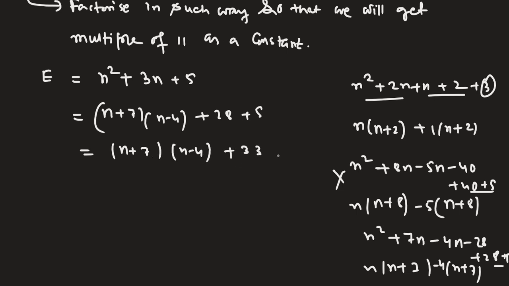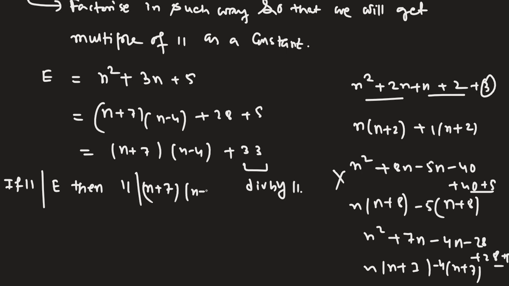So what you notice is that in this expression e, this term 33 is divisible by 11. So if 11 divides e, then 11 must divide n plus 7 into n minus 4, as the reason is 11 divides 33.